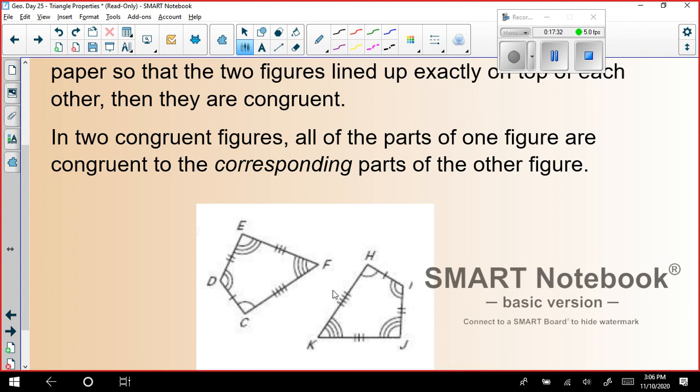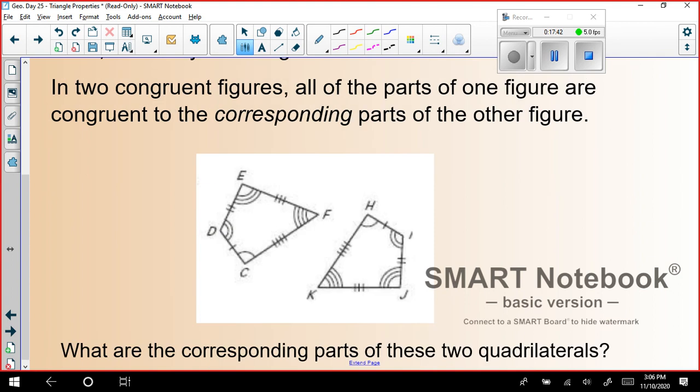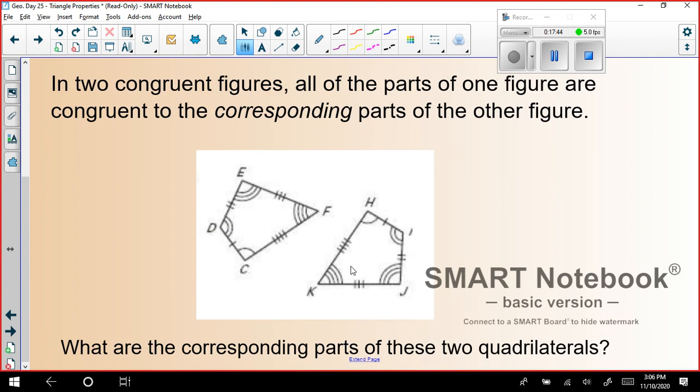I should find 4 sides and 4 angles which are congruent. Then we can say these two quadrilaterals are congruent. So here I'll just list out all the corresponding parts that are congruent. You can see that if I place I onto D and H onto C, and if I tilt this particular figure, you will see that it will align exactly onto this.